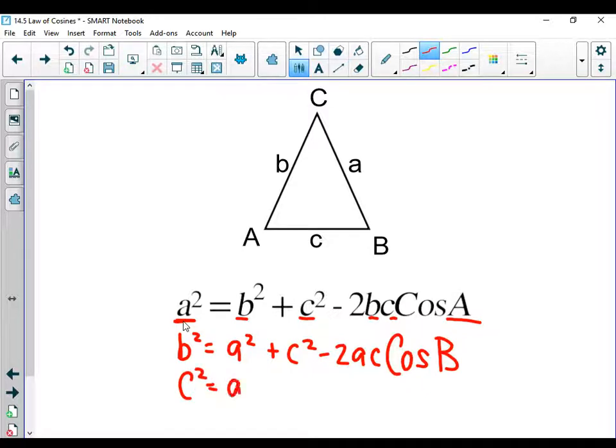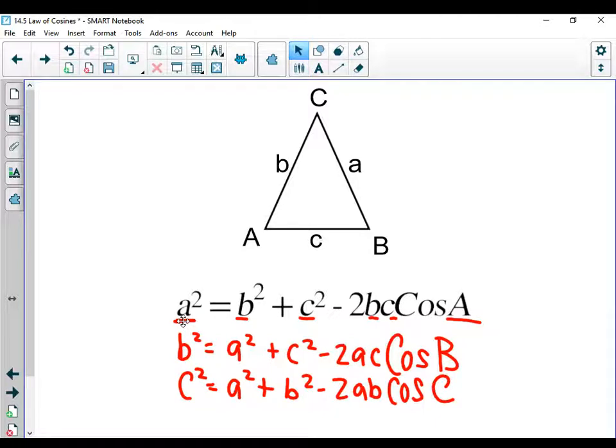The other two sides that aren't being used are A and B, and I would find cosine of C. They might only give you one of the formulas, but they all mean the same thing.